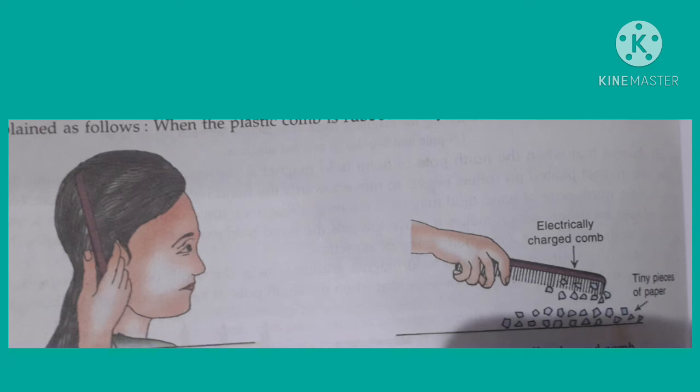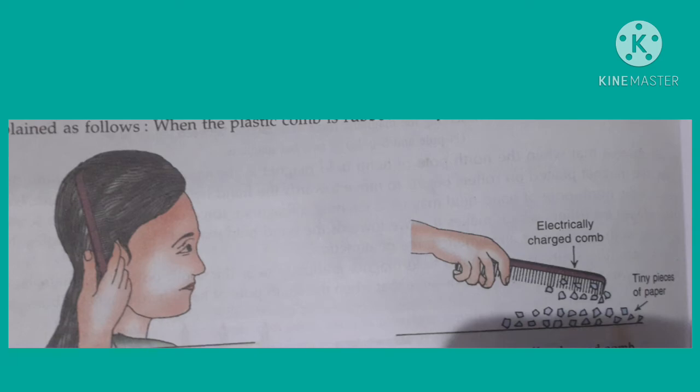Due to this electrostatic force, the tiny pieces of paper move towards the comb and stick to it. Thus, we can say the movement of tiny pieces of paper is due to the electrostatic force exerted by electric charges acquired by the comb on rubbing in hair.